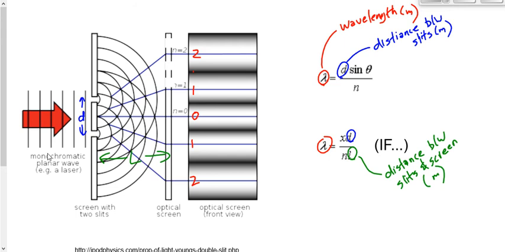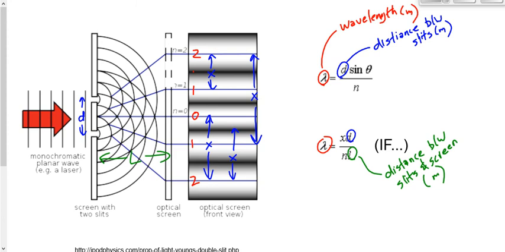From any of them to any of them. Let me show you what I mean by that. This value can be X. This could be X. This could be X. This could be X. From any maximum or minimum to any other maximum or minimum.